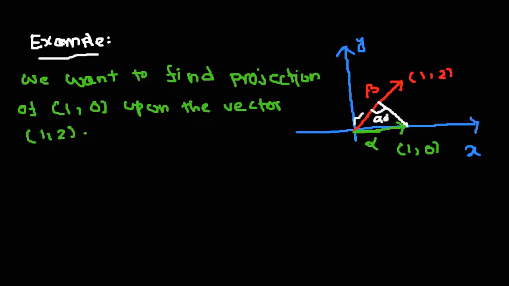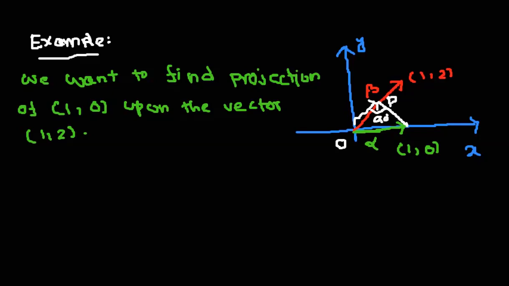So this length, starting from the origin, let me write OP, this OP is going to be our projection of alpha upon the vector beta.